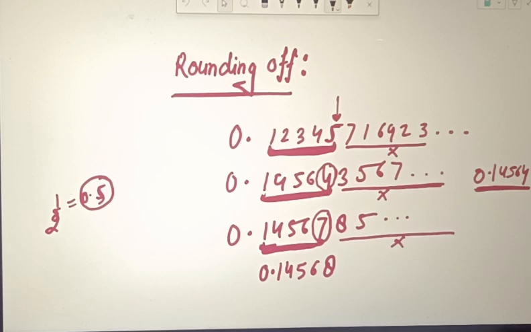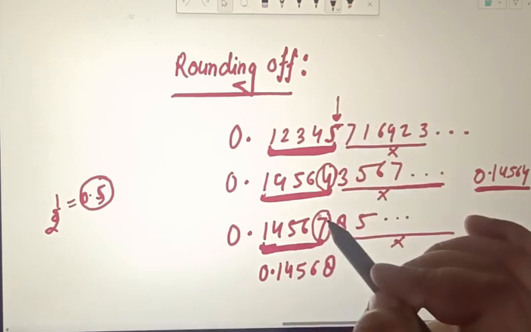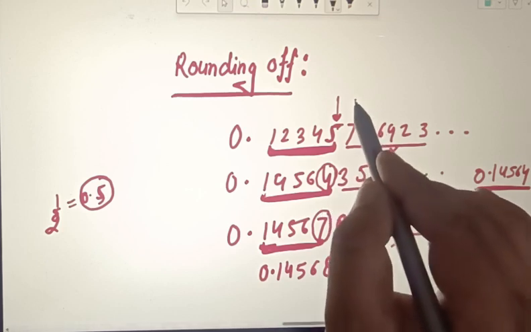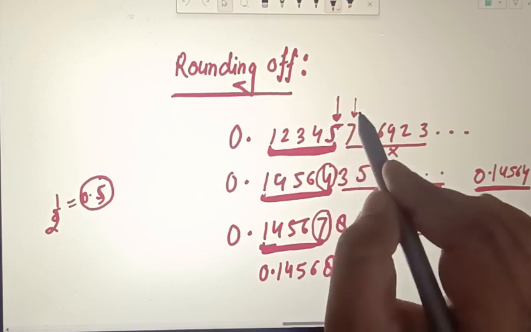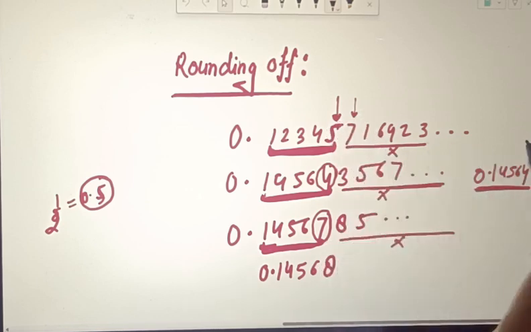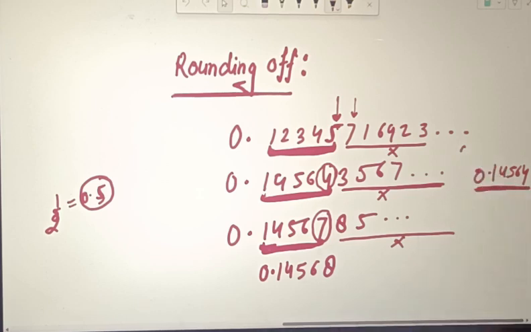So obviously if it is exactly half a unit, then you need to see if the digit is odd or even. If it is odd, then increase it, and leave it unaltered if it is even, okay.